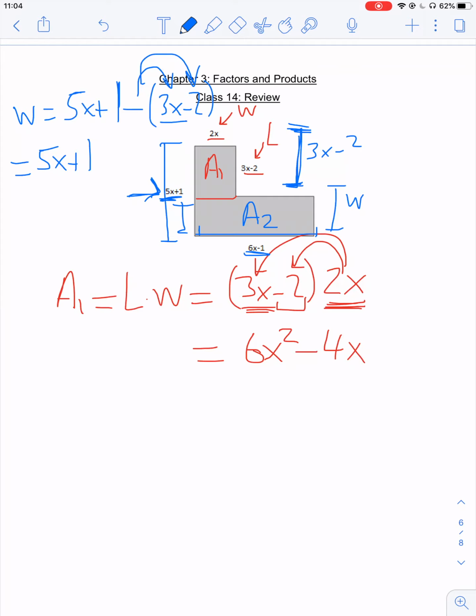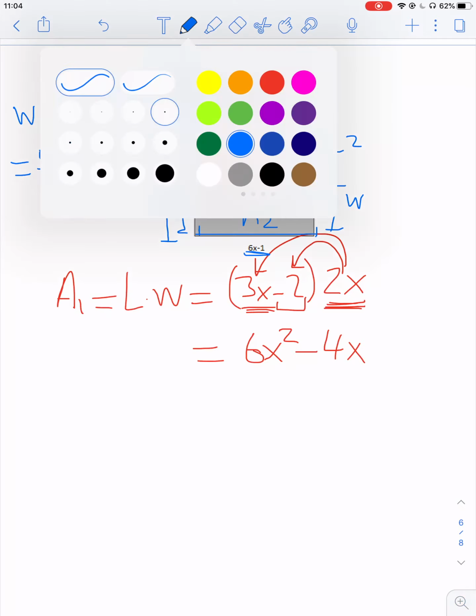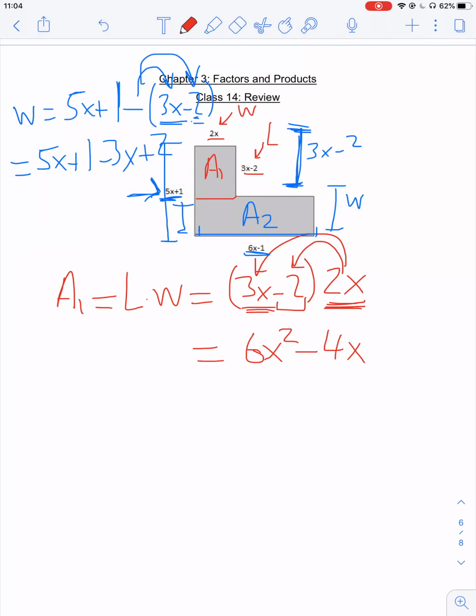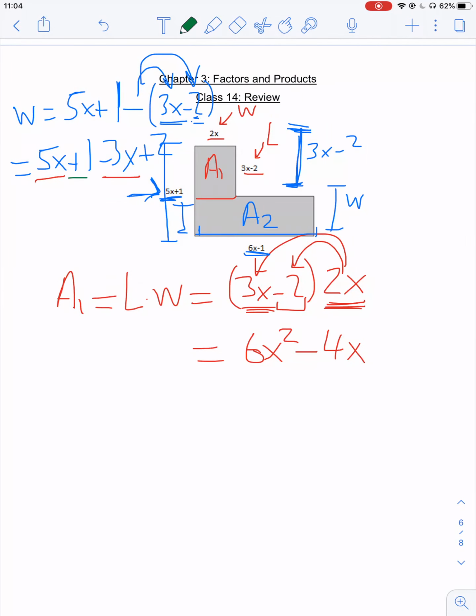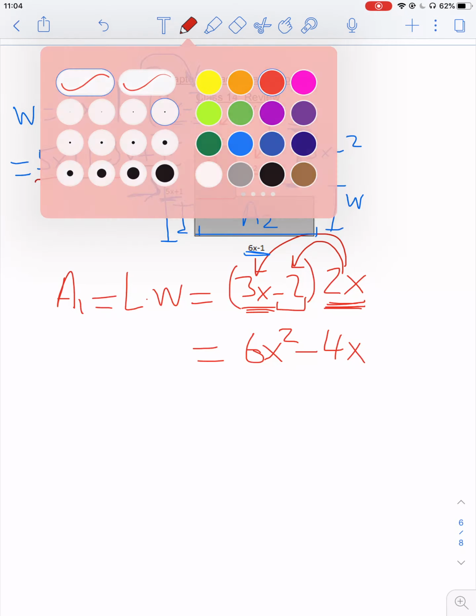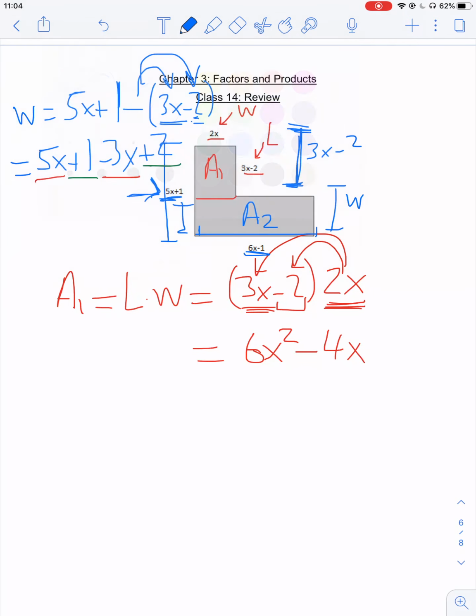So that means this 3x will become minus 3x, and this minus 2 will actually become plus 2, okay? And then you have to combine your like terms together. So the 5x will combine with minus 3x, and the plus 1 will combine with plus 2, okay? So when you simplify this, you should get 5 minus 3, that's 2, so 2x, and then plus 1 plus 2, that's plus 3.